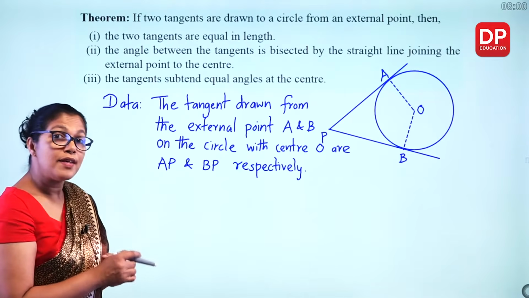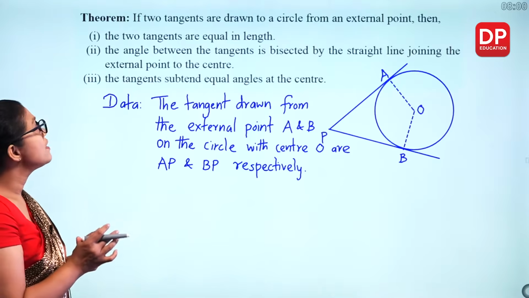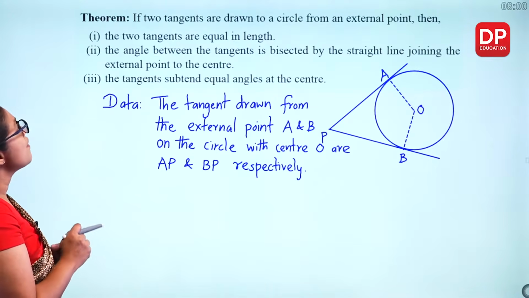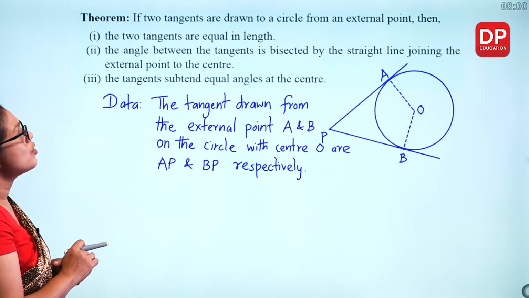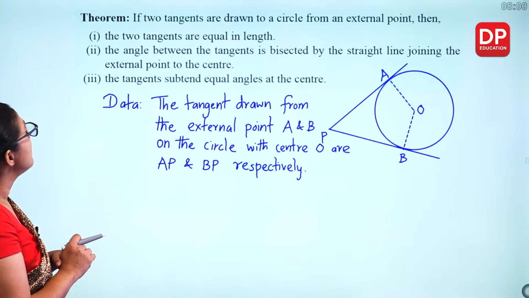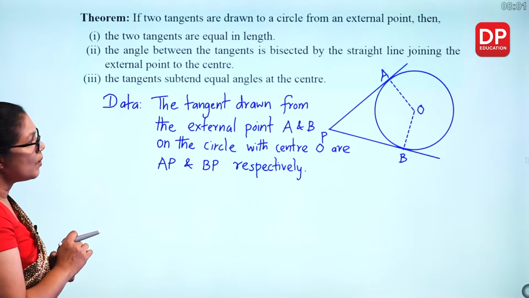Now you get another theorem related to the tangents drawn from an outside point. It says if 2 tangents are drawn to a circle from an external point, then the 2 tangents are equal in length.